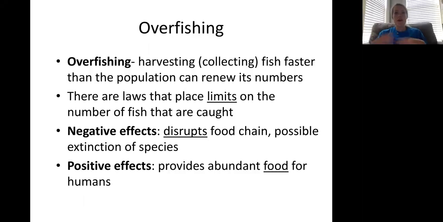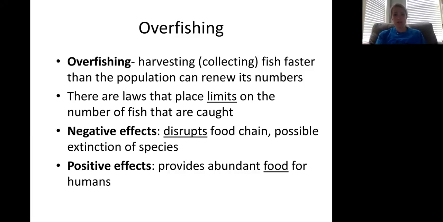If you take out all that fish and something else ate that fish, that something else now no longer has something to eat. And then vice versa, if that fish, whatever it ate, it's no longer eating that. So that organism is going to start growing in population because there's nothing eating it anymore. This can also lead to extinction of species.